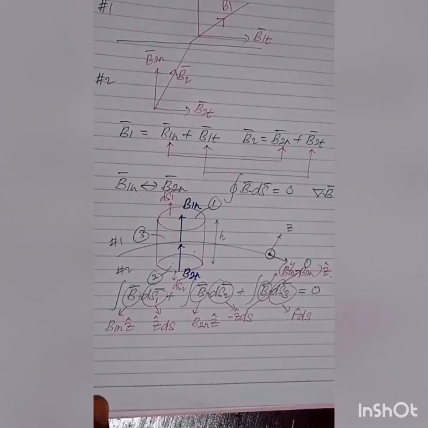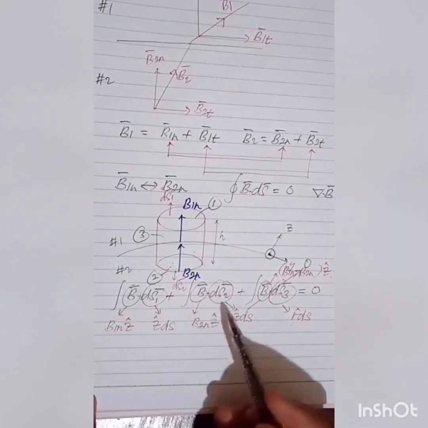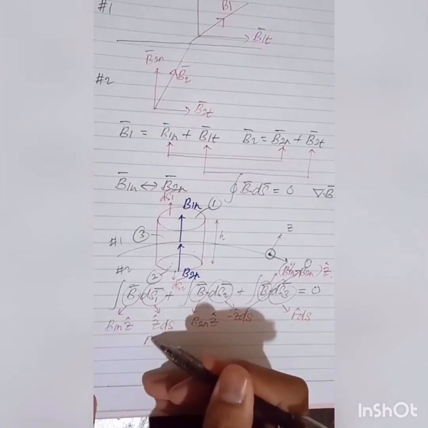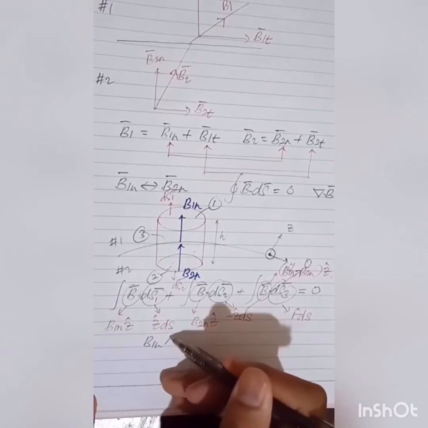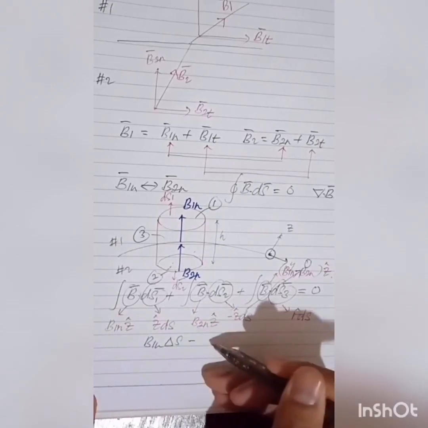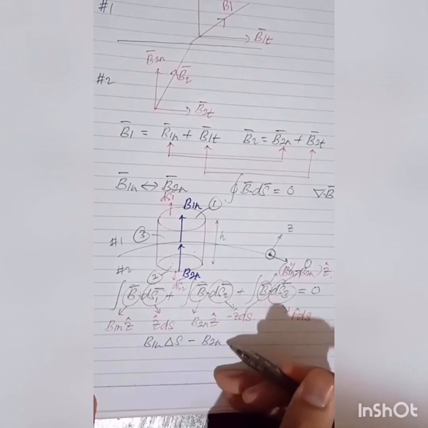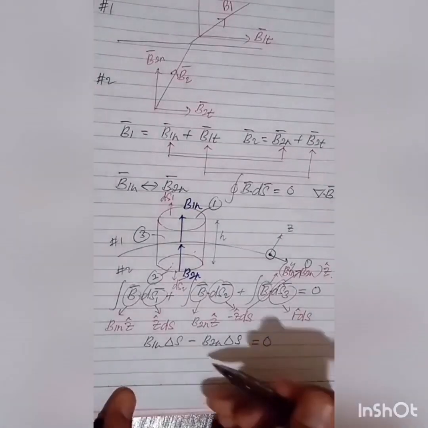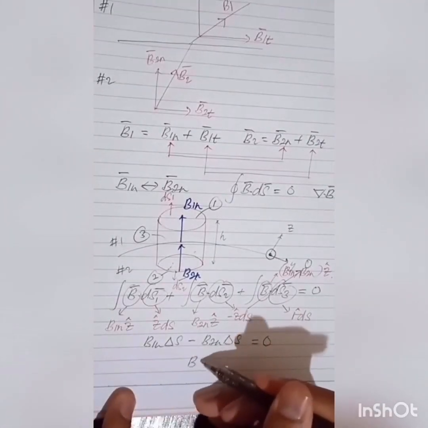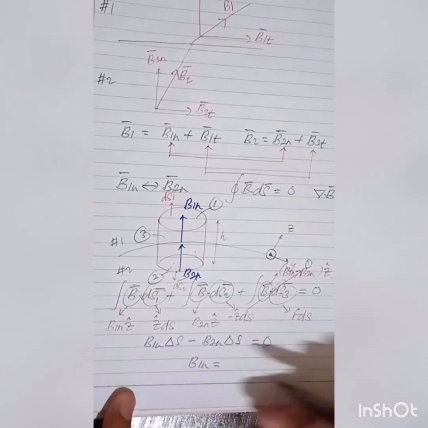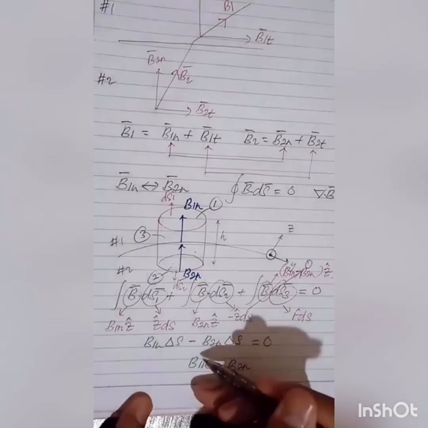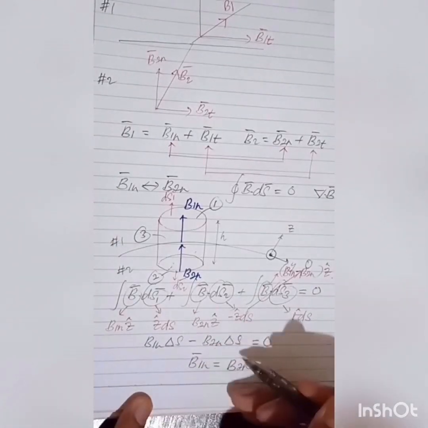So now let's proceed to these two parts of the integration. So now we have the B1 normal area minus the B2 normal area equal to 0. So let's simplify. You can find this final equation: B1N equals B2N, or you can simply put the vector because they are the same.